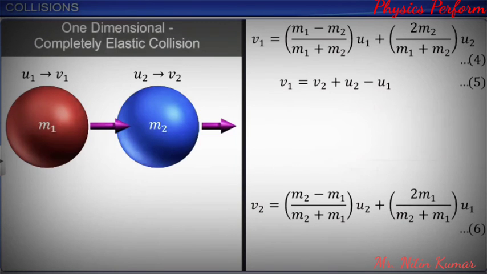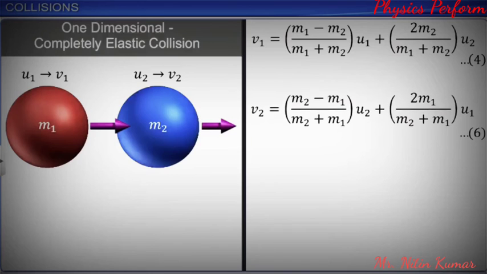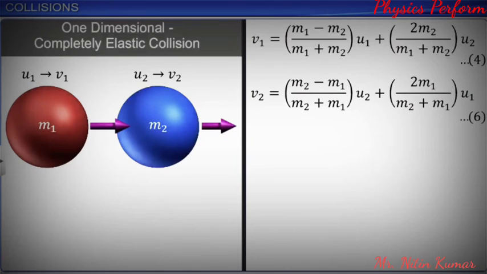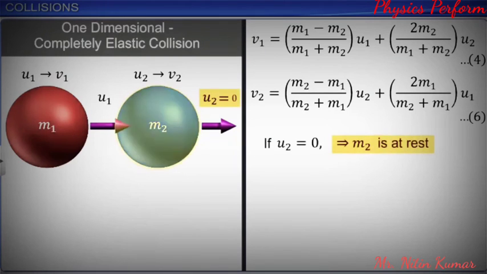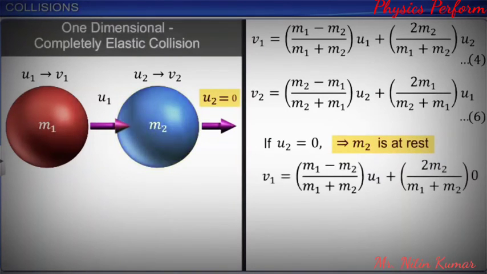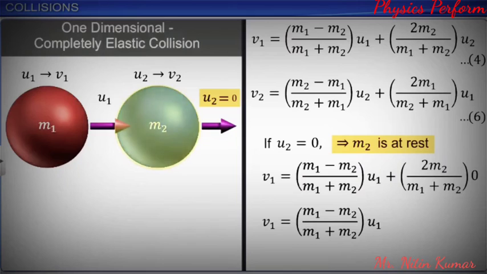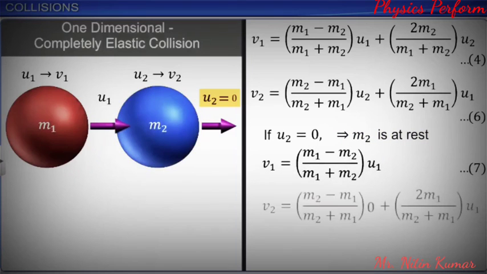As a special case, if we assume that m2 was at rest before the collision, then u2 will be 0 and v1 reduces to v1 = (m1 - m2)/(m1 + m2) × u1. Let this be equation 7. And v2 = 2m1/(m2 + m1) × u1.